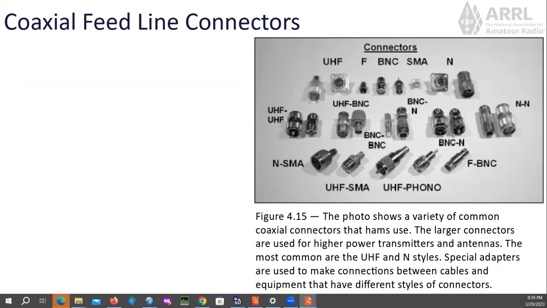SMA is the type of connector. And if you have a Japanese-made radio, it will have a female connector on the radio and a male connector on the rubber ducky that screws on it. So you cannot use, without an adapter, anybody's rubber ducky on your Chinese radio or vice versa. You have to pay attention with those because of manufacturer differences.